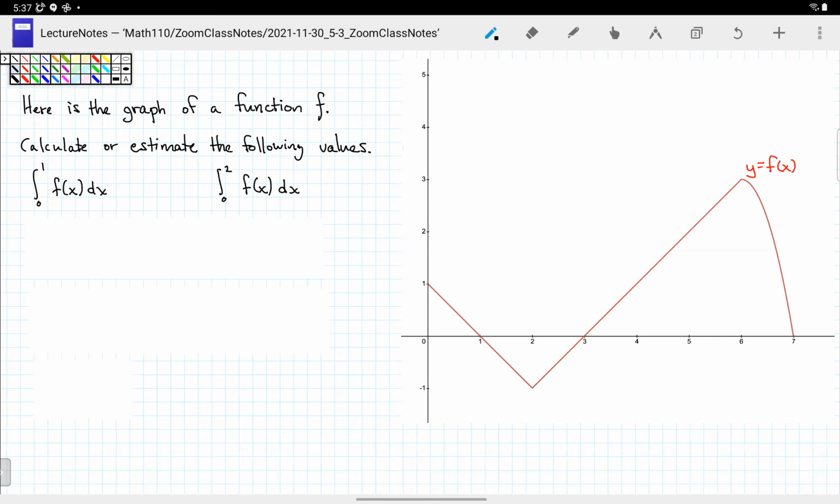So from 0 to 1, the area of this triangle is half of the area of a 1x1 square. So this integral is equal to 1/2.